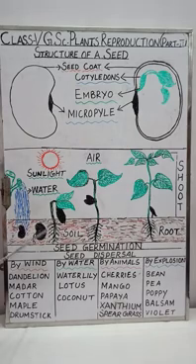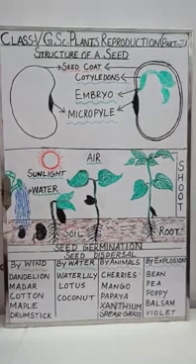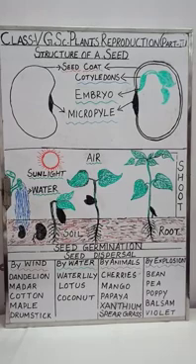Then the seed coat splits and gives way to the embryo to come out. First of all, the radicle starts to grow downwards into the soil, forming the root which anchors the new plant.